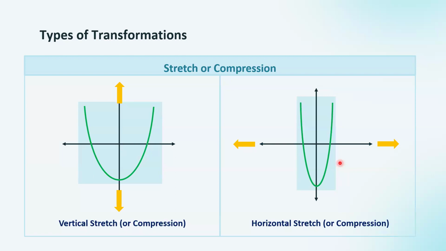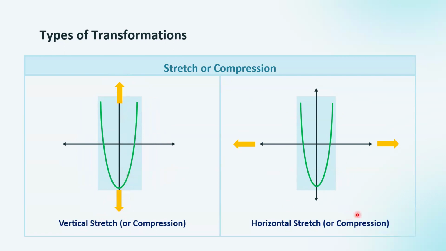So let's say we see the vertical stretch. For the vertical stretch, you are going to pull it up and pull it down at the same time, which means it's going to look like this. So you try to stretch it. And if you imagine stretching a rubber band, as you can see, the sides are going to shrink. But for the vertical part, it's going to be stretched.